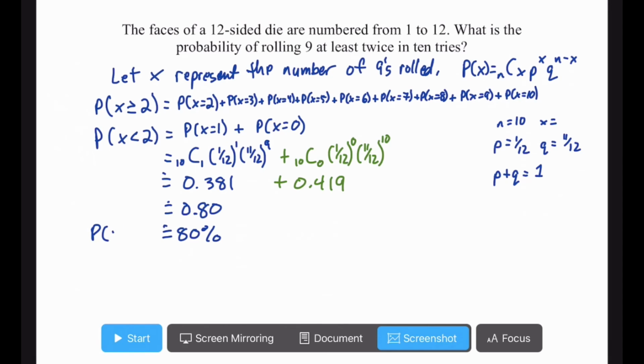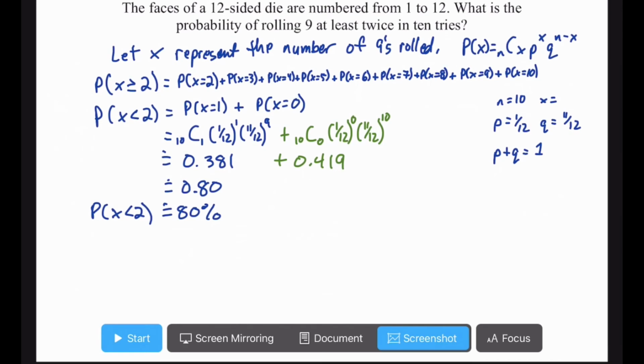Oops, x is less than 2. And remember what we said before, our probability of success and our probability of failure are going to add up to 1 or 100%. So our probability of success plus our probability of failure, which we just calculated, are going to add up to equal 100%.